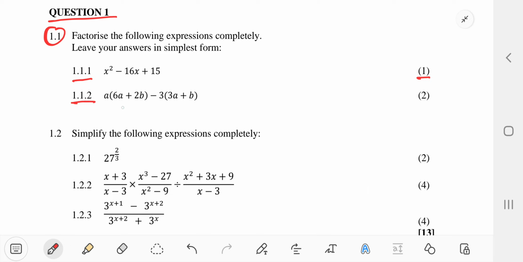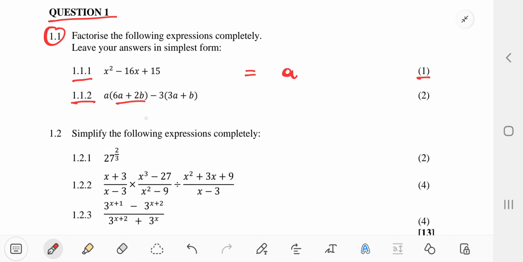1.1.2, a(6a plus 2b) minus 3(3a plus b). With this type of expression, the first thing we have to note is that we are going to factorize the expression by grouping the factors. So we say a, and then we take out a common factor inside the brackets.